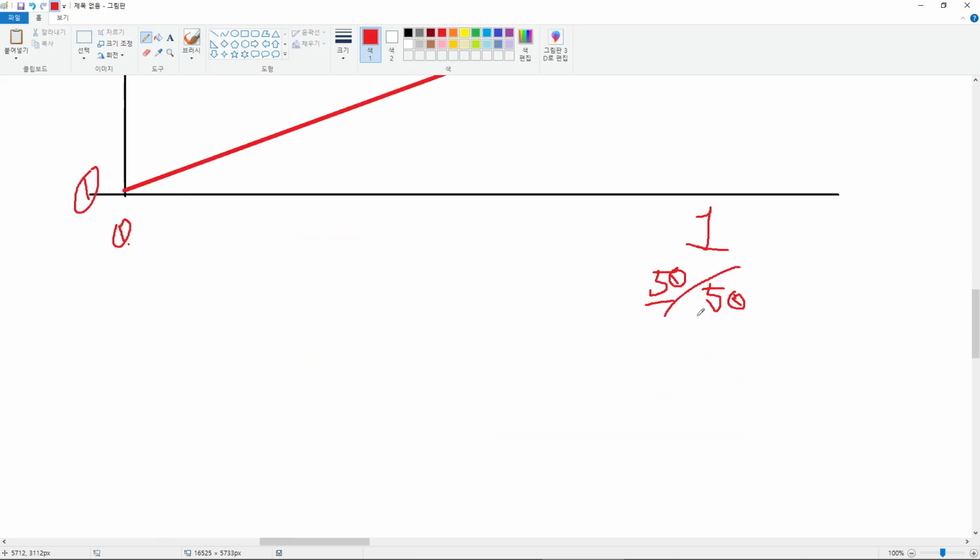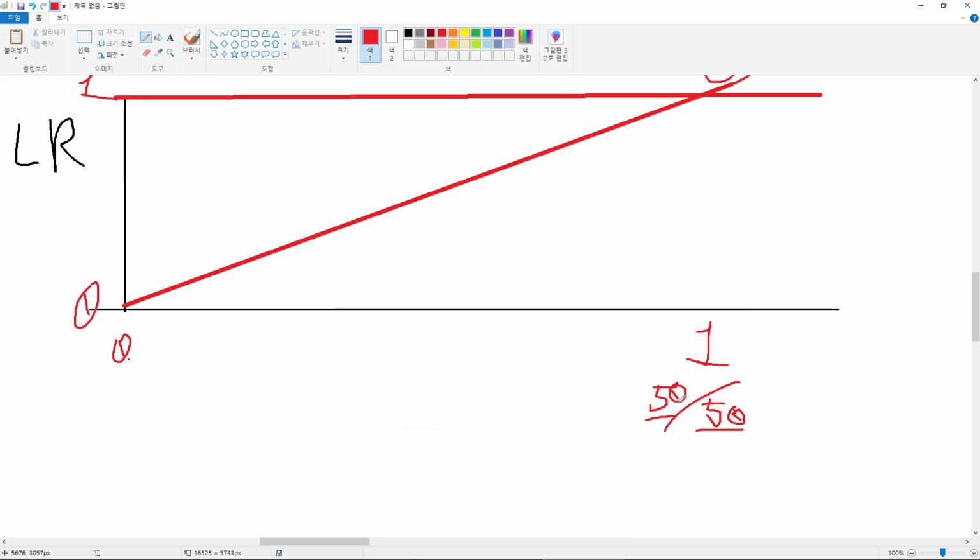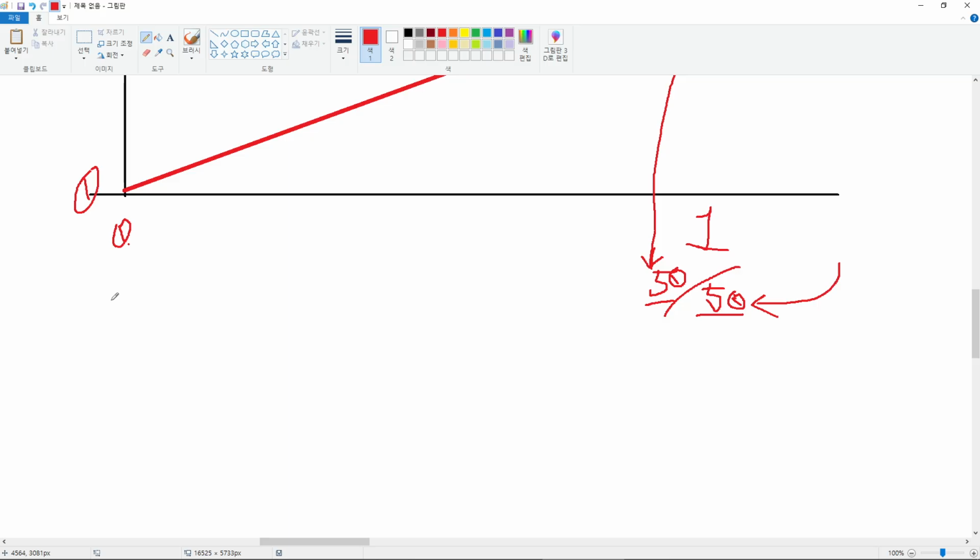So if there are 50 entities, the tail entity gets the number 50, and we divide by the number of entities in the population. For the head entity, the rank is 1, and we divide that by 50. So this is 0.02, and this is 100%, or let's just say 1.0.